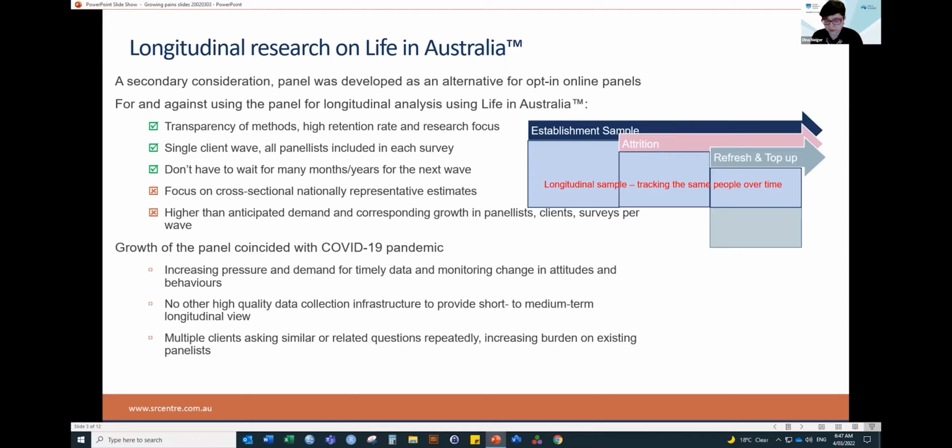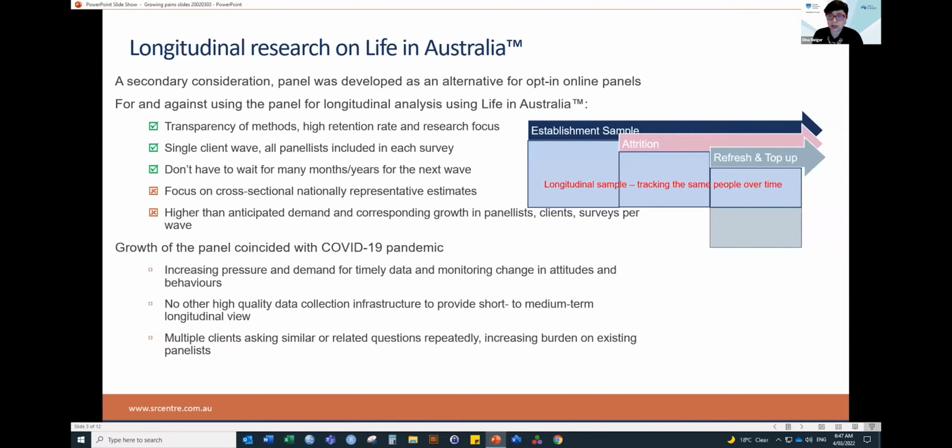But obviously things have changed a lot with the advent of opt-in online non-probability panels, where it's not so easy to track the sample. And really the purpose of those panels is no longer about longitudinal samples. It's much more about cross-sectional estimates with quick turnaround and cheap.